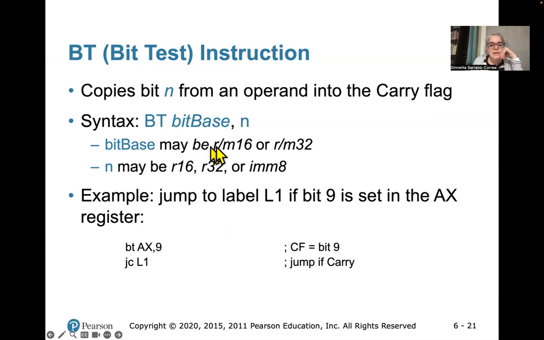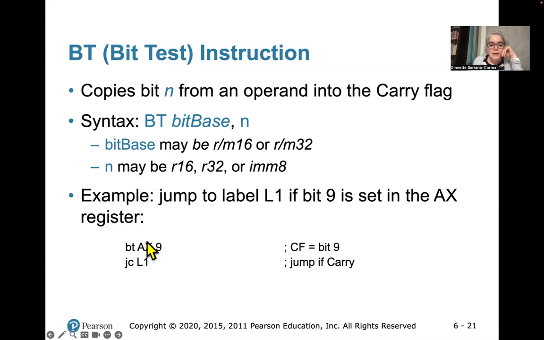Bit base may be a register like AX, or it can be a memory location, a variable. So this can be a 16-bit register or memory location, or a 32-bit register or memory location. It cannot be anything less than that.